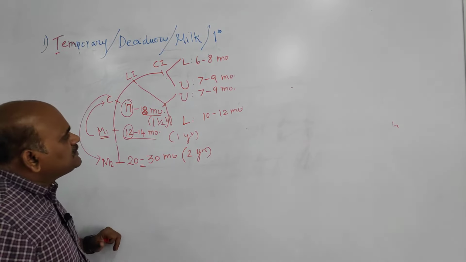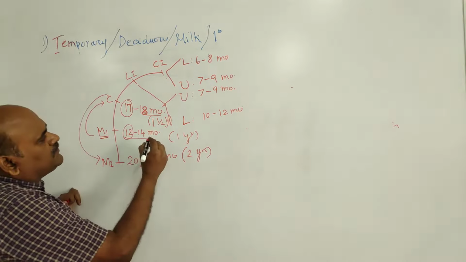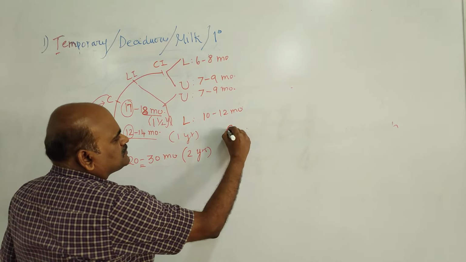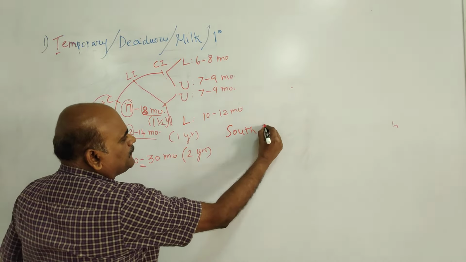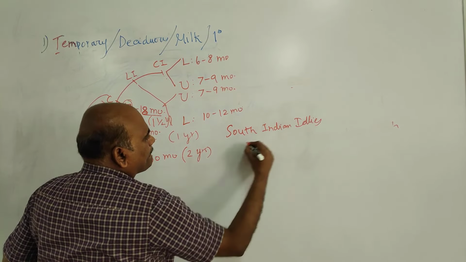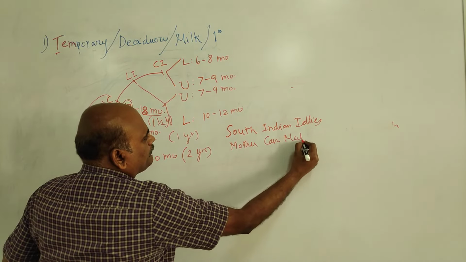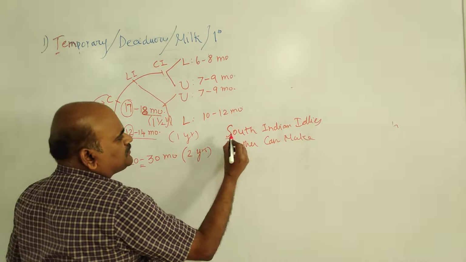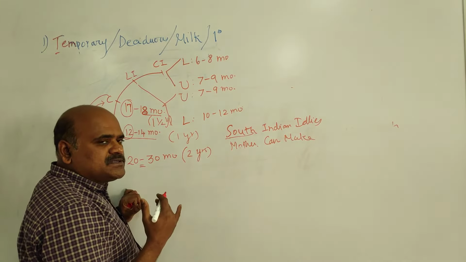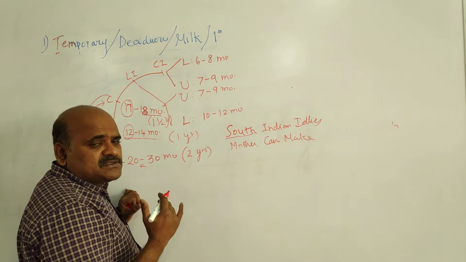For remembering the age of eruption, we can apply the mnemonic: South Indian Ladies Mother Can Make. S is for south, the south represents the lower jaw, where the incisors first erupt, especially the central incisors.